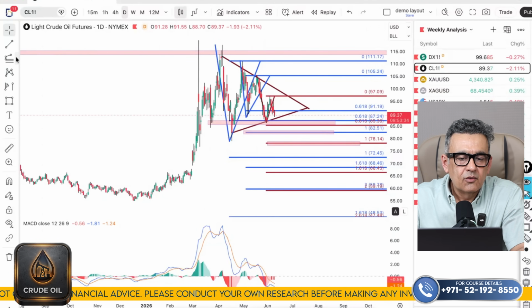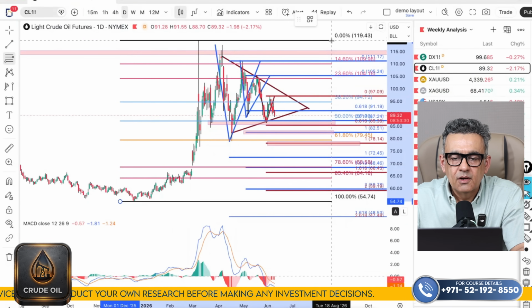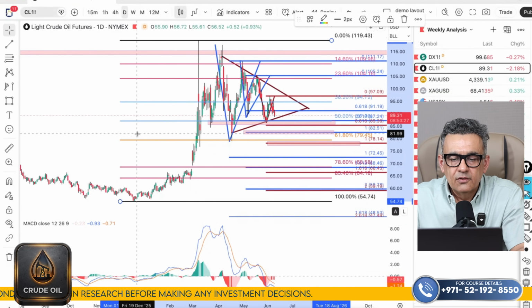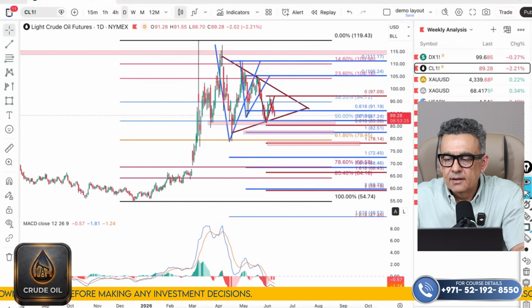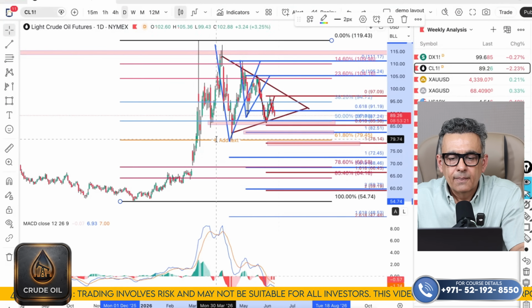I'll be using a retracement on this spike as well, connecting from the lowest to the highest. So the common target is this one, which is very close to 61.8.